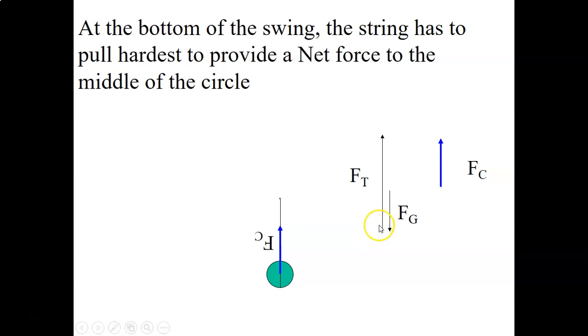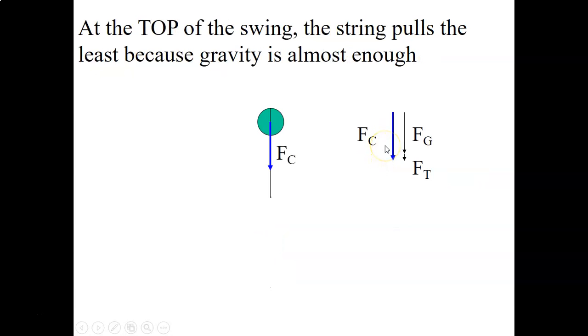When it's at the bottom, gravity is pointing away from the way the centripetal acceleration is pointed. So when it's at the bottom, centripetal force needs to point up. Gravity is pointing down, which means that the force of tension has to make up the difference. So the tension is higher at the bottom. When it's at the top of the swing, gravity points in the direction of the centripetal force.